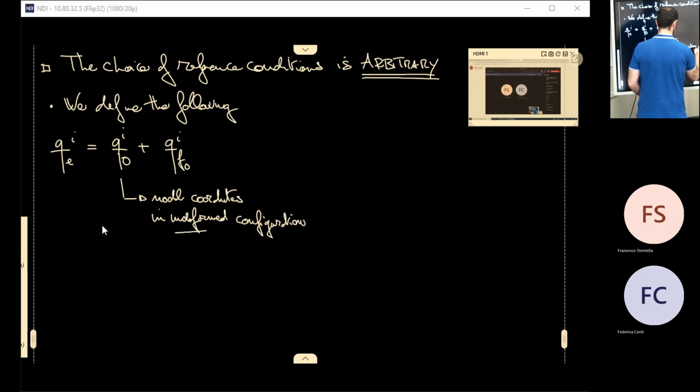In the undeformed configuration. And please be aware that these are not a function of time.